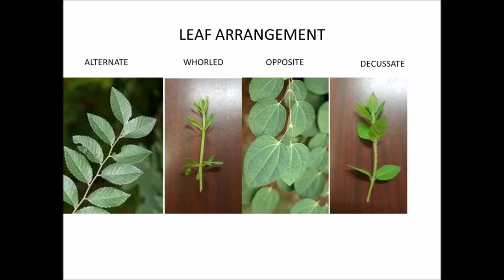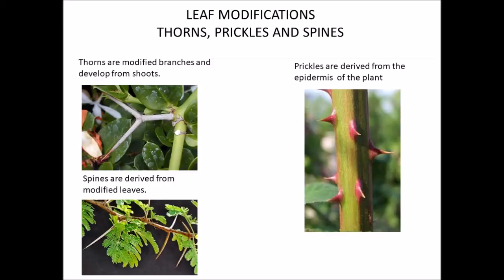Opposite is where you have leaves that come out opposite to one another, directly opposite, as the name suggests. And decussate is where you have opposite leaves that come out at right angles to one another. So the first pair comes out at one angle, and the second pair, which are also opposite, come out at an angle of 90 degrees to the first pair. So that would be referred to as decussate.